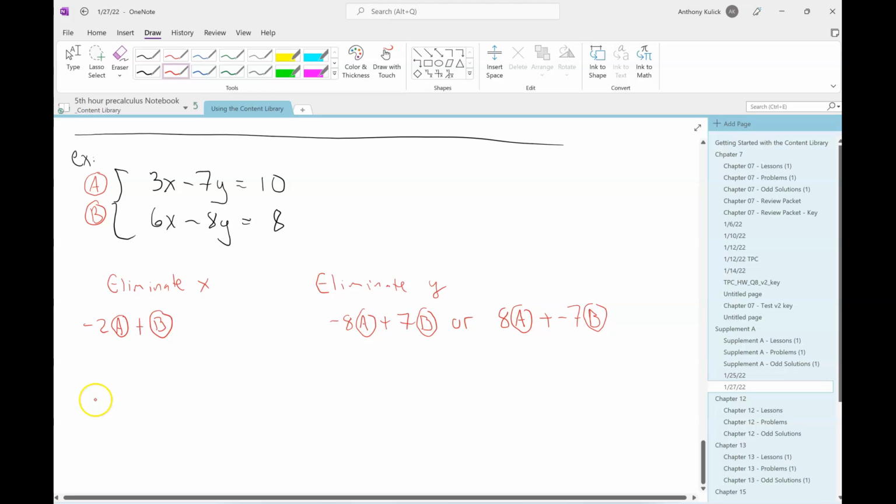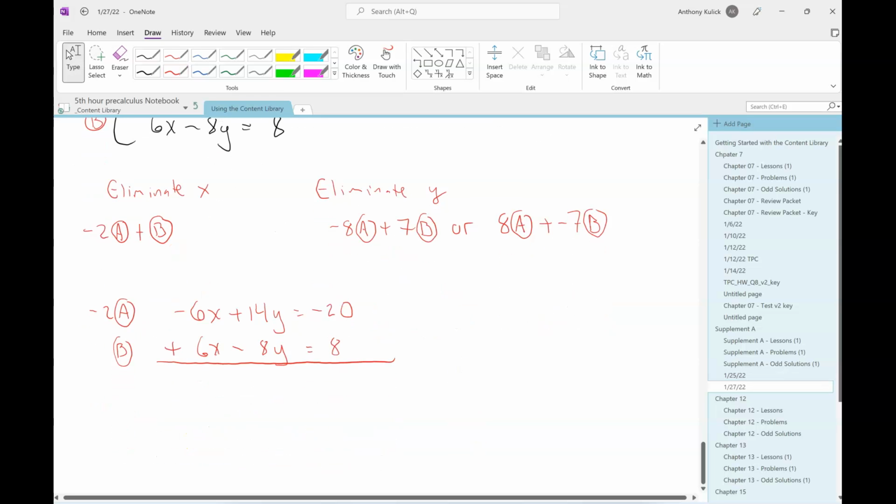All right, so the equation negative 2 times A: negative 2 times 3 is negative 6. Negative 2 times 7 is positive 14. And negative 2 times 10 is negative 20. And equation B, I'm not changing at all. So I'm just going to line those up and then add straight down.